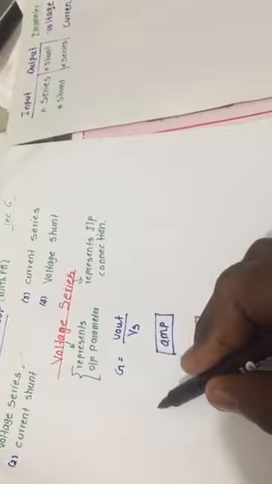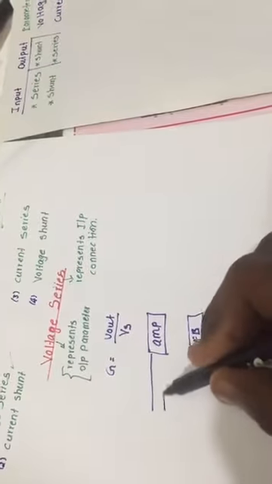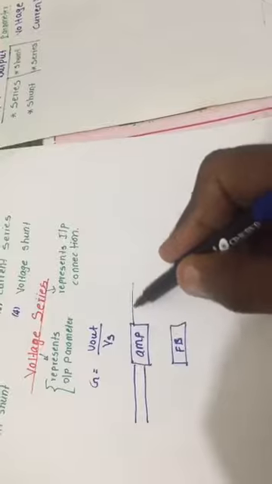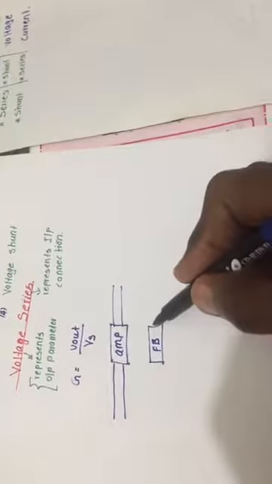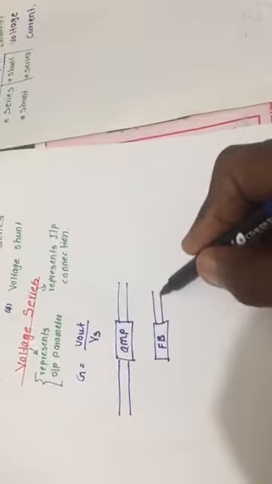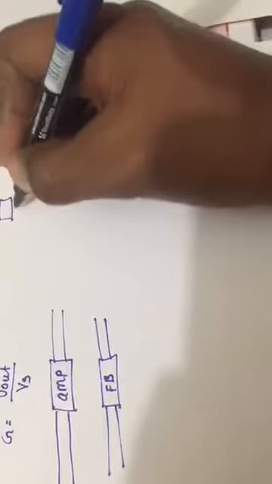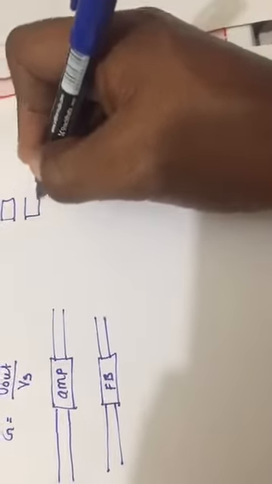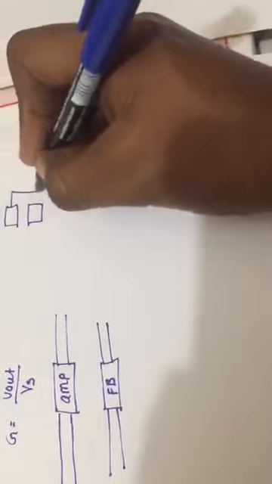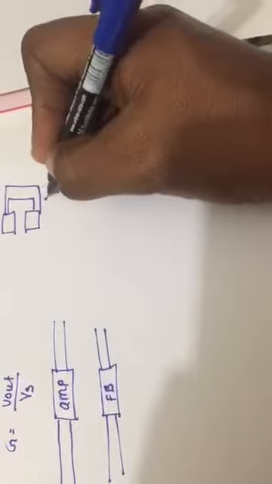Then we need to decide how to connect these four terminals. For example, you have the amplifier here and the feedback here. Whenever you connect like this, it will be series.